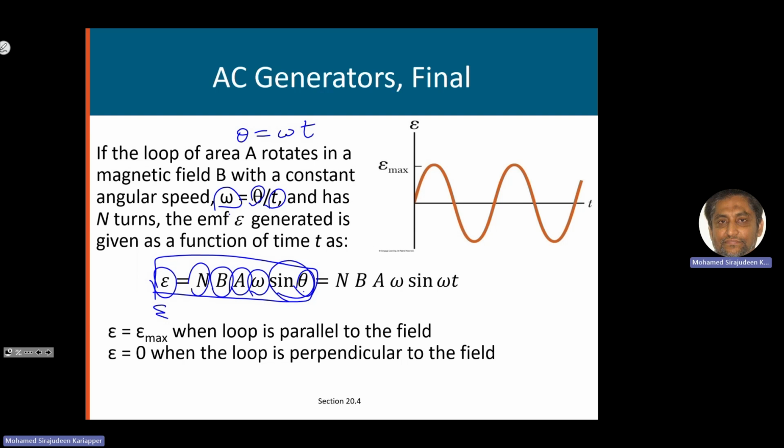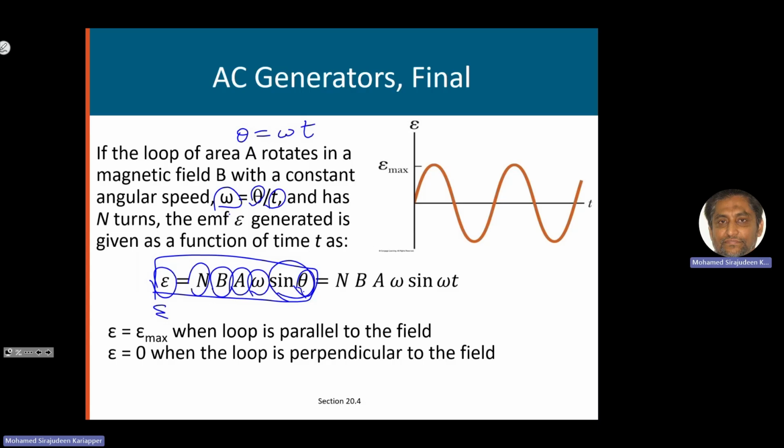Theta is the angle by definition. What is theta? The angle between the perpendicular to the loop and the magnetic field. So when it's vertical, theta is equal to 0. So no current at that moment. As it goes down, there will be an increasing current. And when it is parallel, that means the perpendicular is 90 degrees to the magnetic field, we have the maximum current.